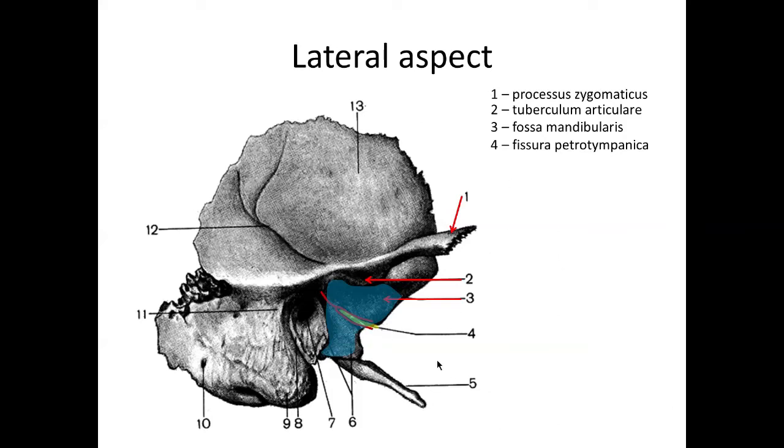We can't see here, but only this very small and narrow structure belongs to pars petrosa. That's why fissura pietrotympanica, because this is pars tympanica.